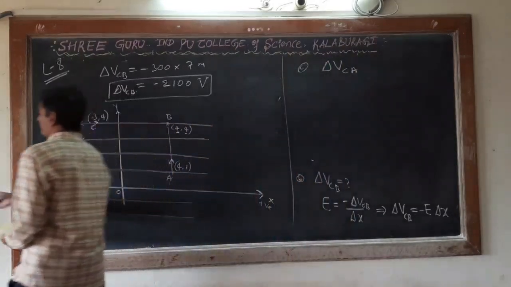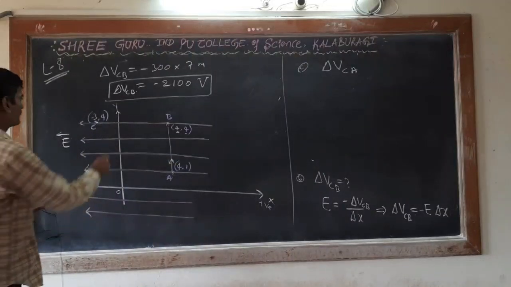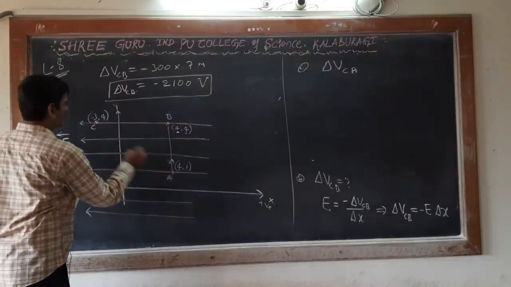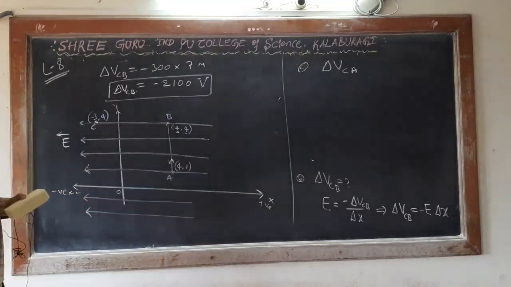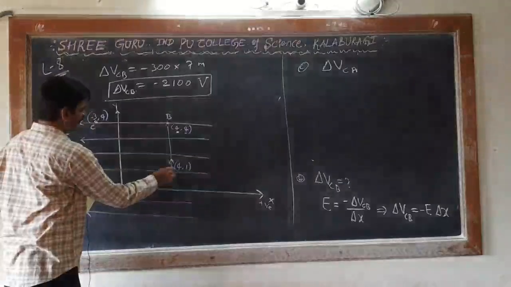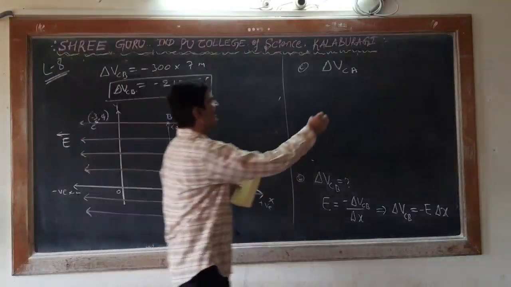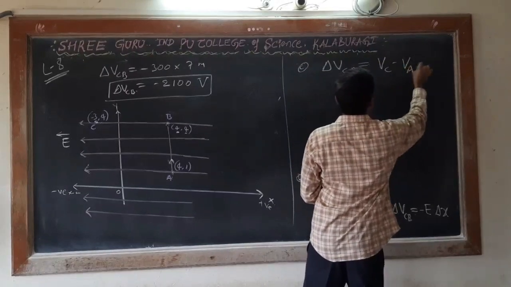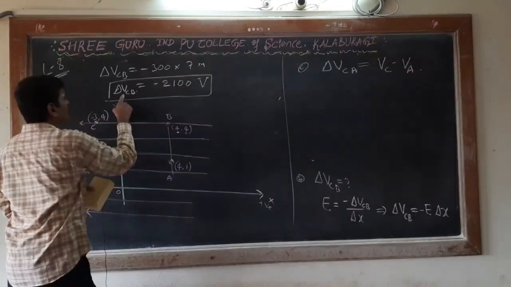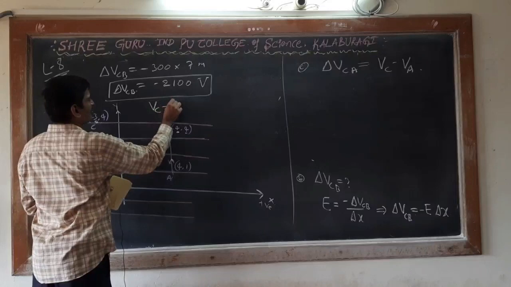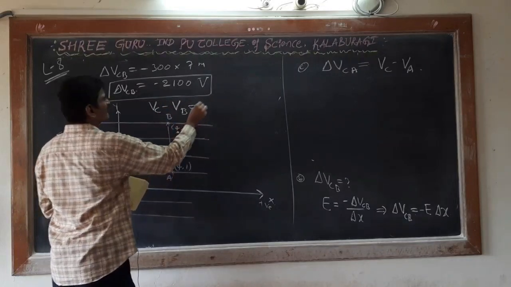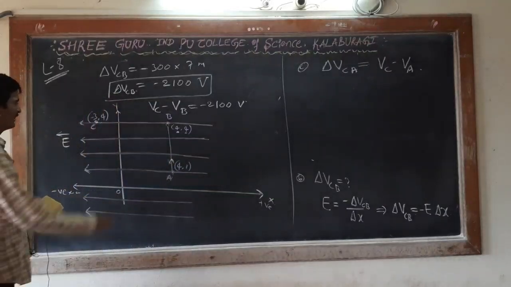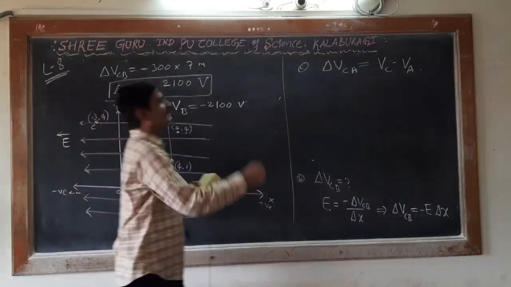The charge is moved from C to A. The potential difference between C and A, delta VCA, can be written as VC minus VA, and delta VCB as VC minus VB. VC minus VB is equal to minus 2100 volt, right? And delta VCA is VC minus VA.